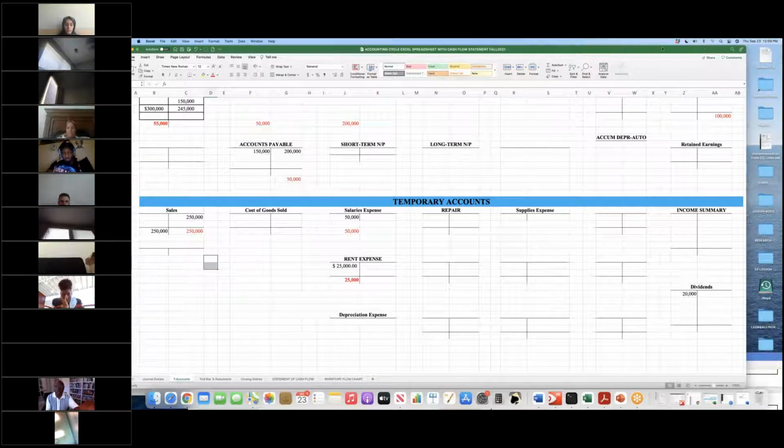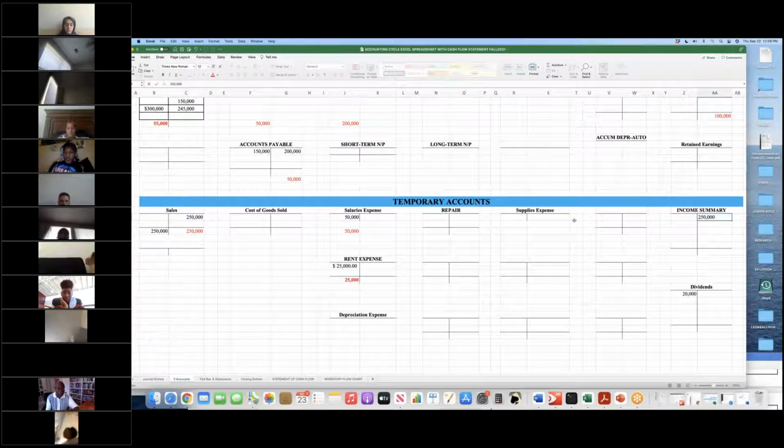In Word, I can always strike that. So we got a credit in here of $250. So we're just posting that closing entry where we debit the sales and credit the income summary. That's closing entry 1, where we close out the revenues.